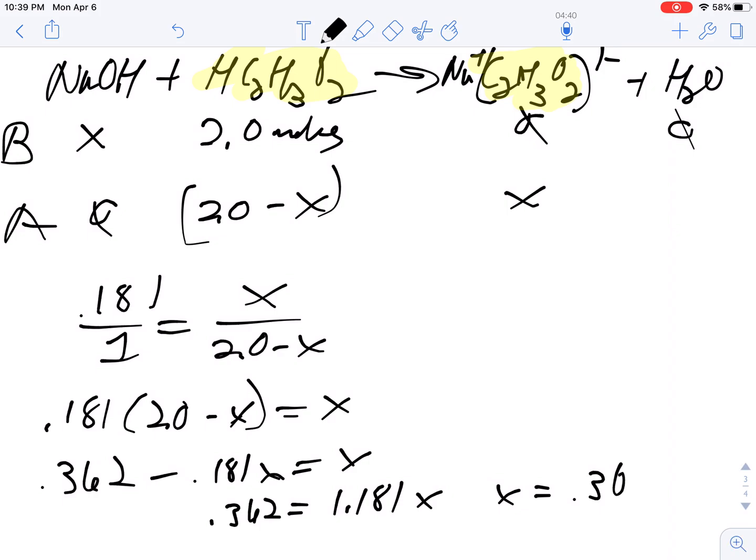And 307 moles of base. Okay, and then we just do the same thing for letter C.